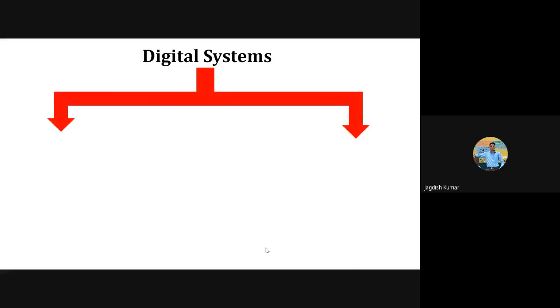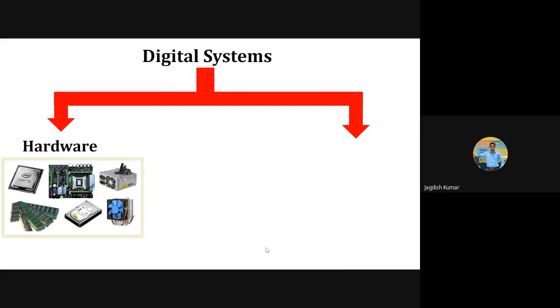As I already told you, digital systems have two major components, or they can be divided into two major components. One is hardware, and this is the set of electronic components which actually store the voltages in the form of zeros and ones.